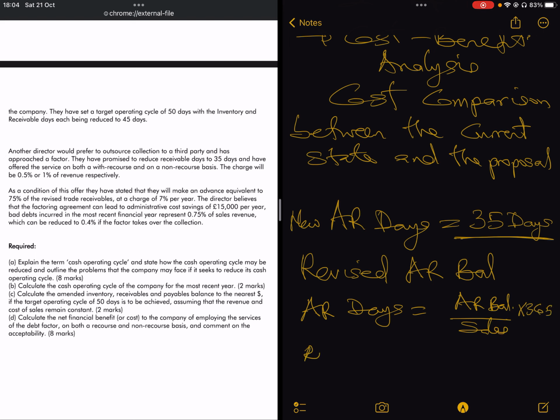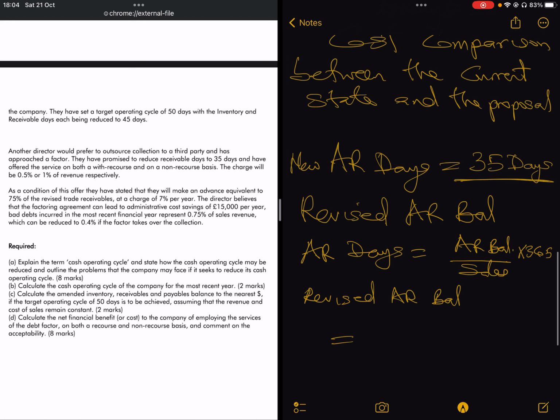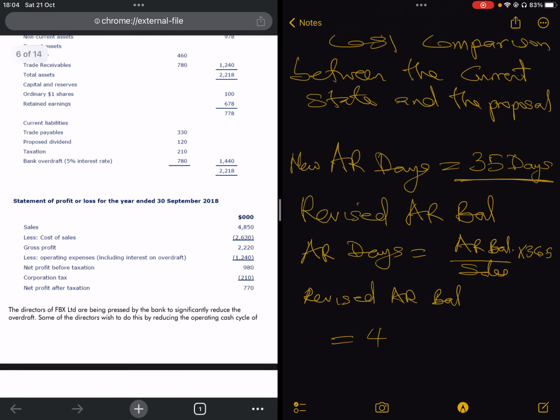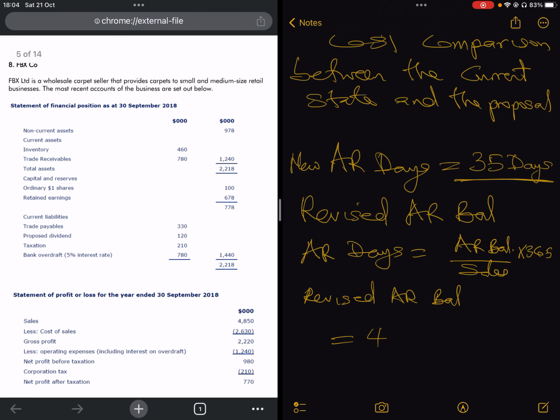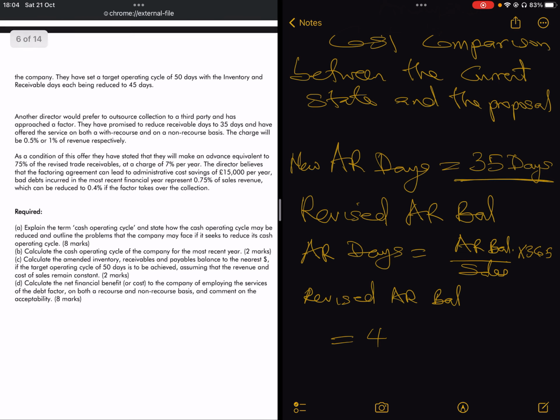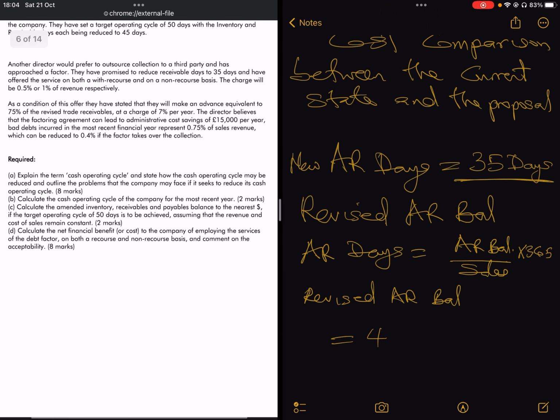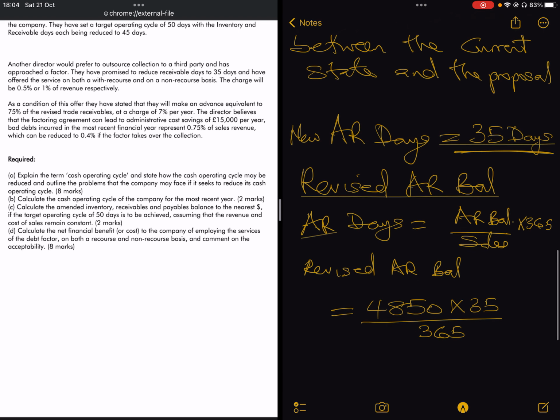So the revised AR balance will now be equal to sales, which is 4850, multiplied by 35 days and divided by 365.